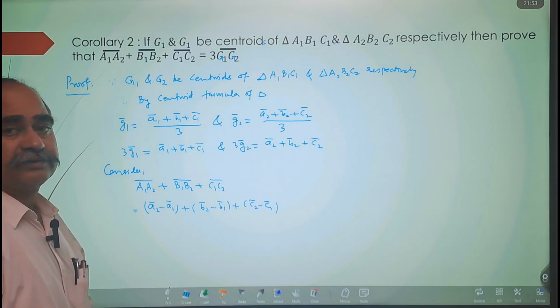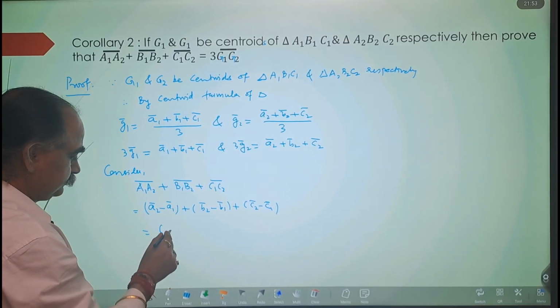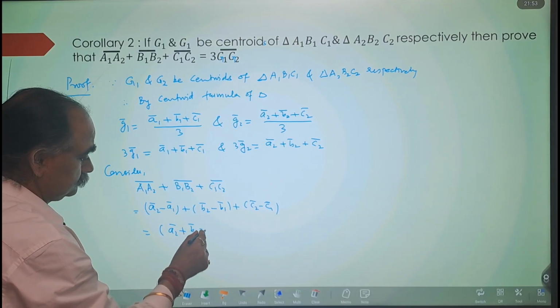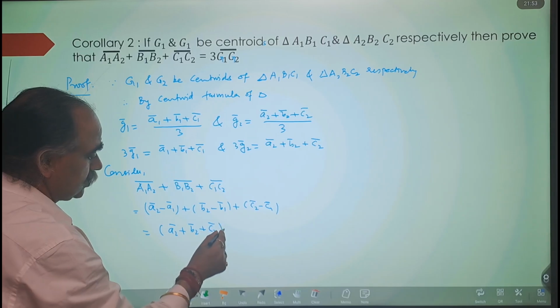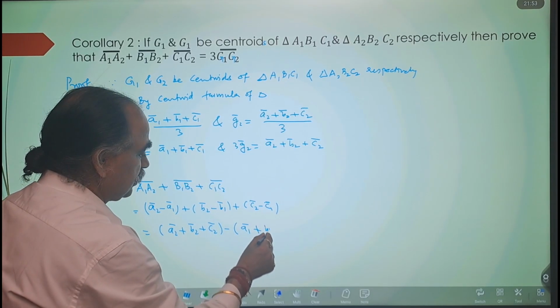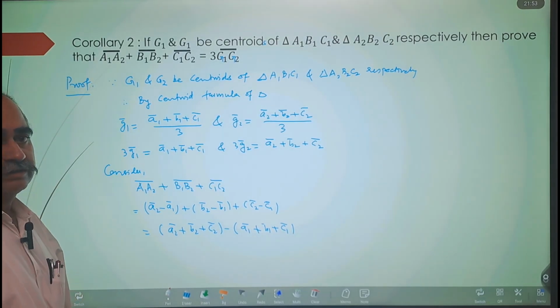Now we'll take positives together, A2 bar plus B2 bar plus C2 bar minus A1 bar plus B1 bar plus C1 bar.